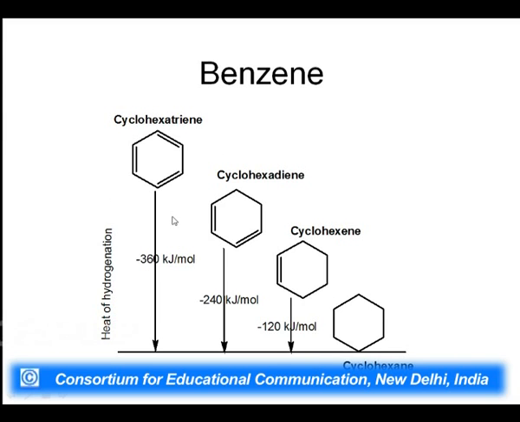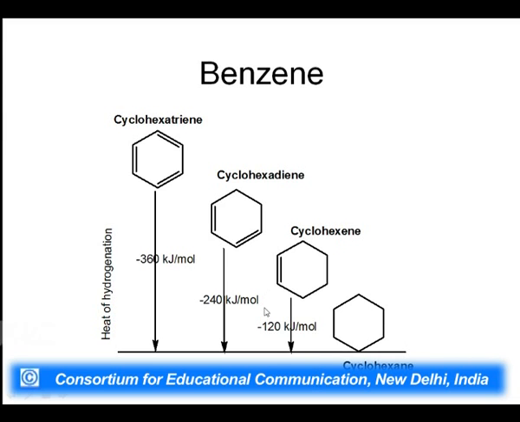When the chemists discovered, they found that the heat of hydrogenation, the amount of heat released, which I have put with a minus sign here, from cyclohexene to cyclohexane is 120 kilojoule per mole. 1 mole of cyclohexene releases 120 kilojoule per mole to form cyclohexane.